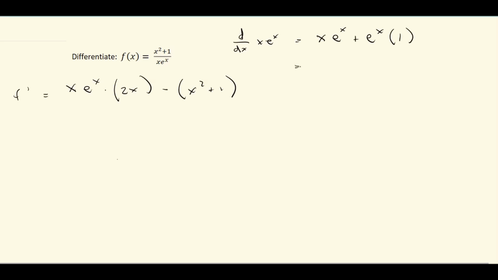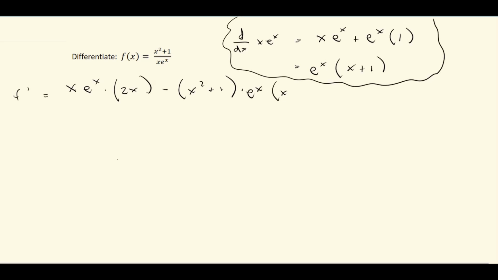And then we'll go ahead and factor out an e to the x. And we get e to the x times x plus 1. So times e to the x times x plus 1.